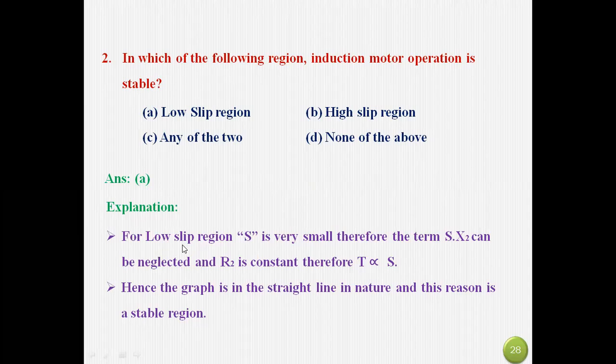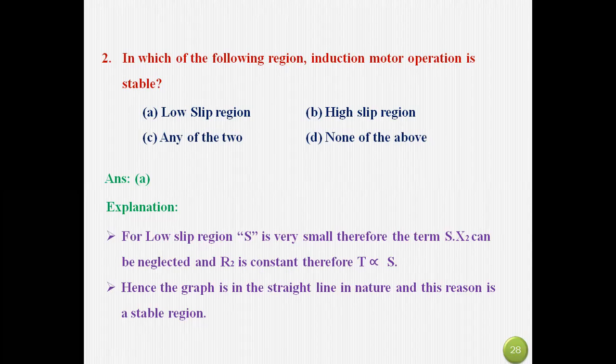Therefore the term S into reactance we can neglect, and you can take R2 as a constant, because we have the formula: torque equal to S into K into R2 upon R2 square plus (S X2) square.